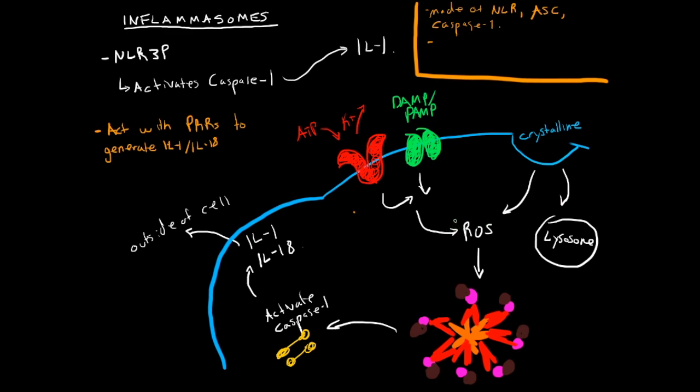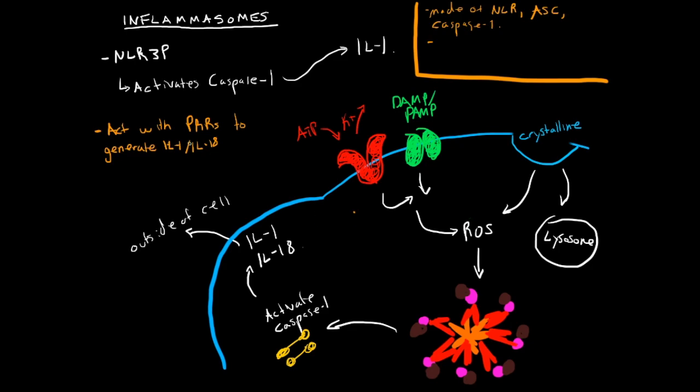So there are three different models of NLRP3 activation, which involve ATP triggering pore formation, lysosomal rupture by crystalline or particulate substances, and then reactive oxygen species signaling. None of these are mutually exclusive, but they have all been proposed by different scientists.